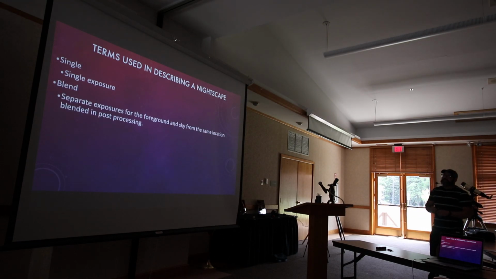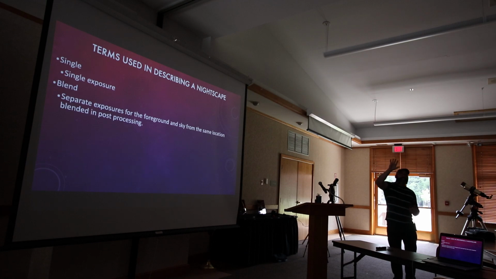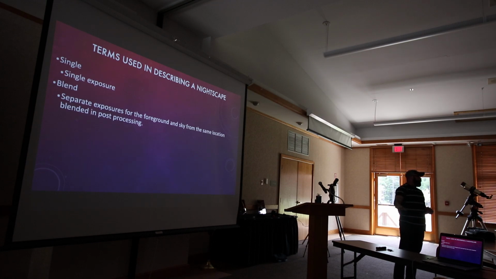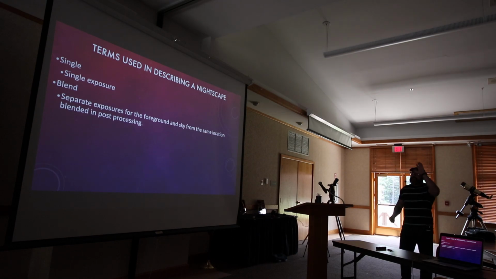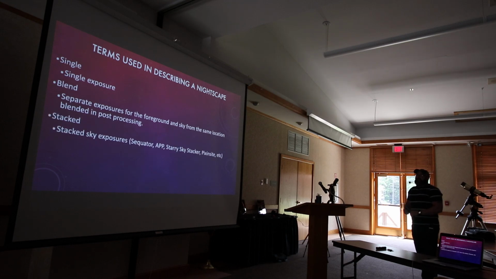Another term is a blend, and that is separate exposures for the foreground and the sky. So at least one photo for the sky, at least one photo for the foreground, but it may be multiple photos for both, okay? But a blend would be one photo for the sky, one for the foreground, shot at the same location, same photo length. And then stacked, we've talked about stacked for the last couple hours.